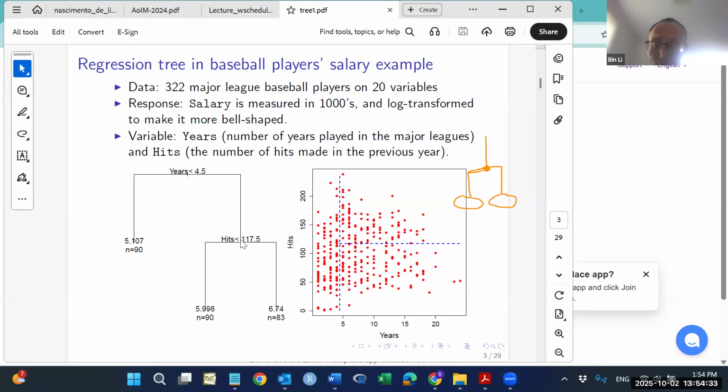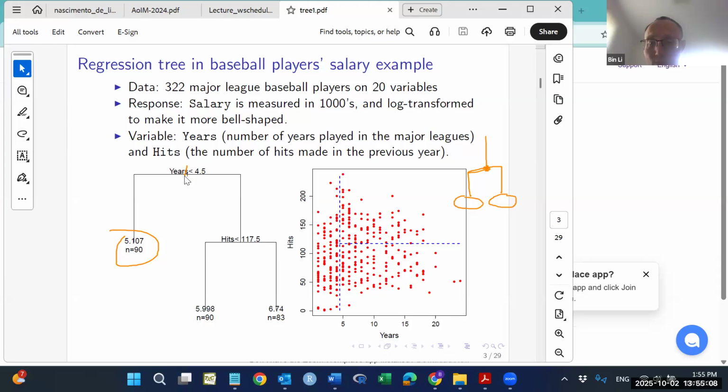Okay, now let's see for this model, what is the tree depth? The tree depth is 2. Why? The depth of a tree is the maximum number of splits needed from the root to the leaf. For this tree, if we reach this leaf, how many splits do we need? We just need 1 split, right?